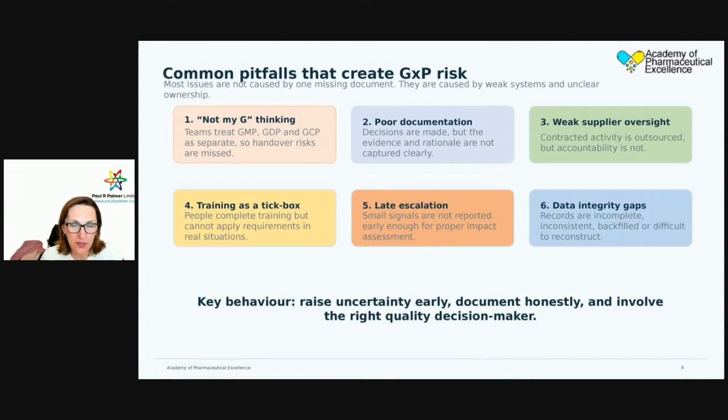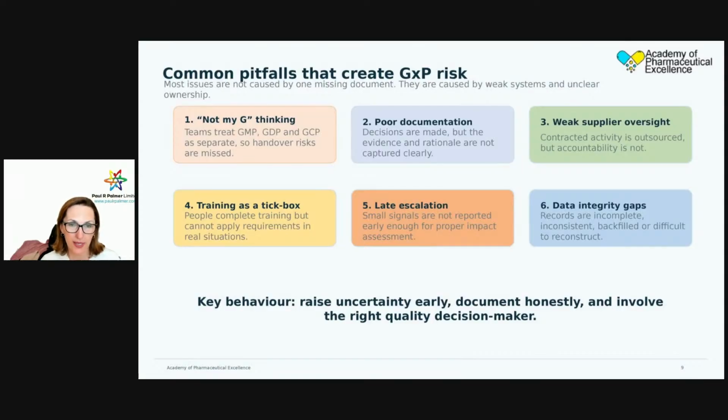So when teams stay just inside the little label and are not aware of or understanding the bigger picture, then your handover risks are missed and compliance gaps will appear.